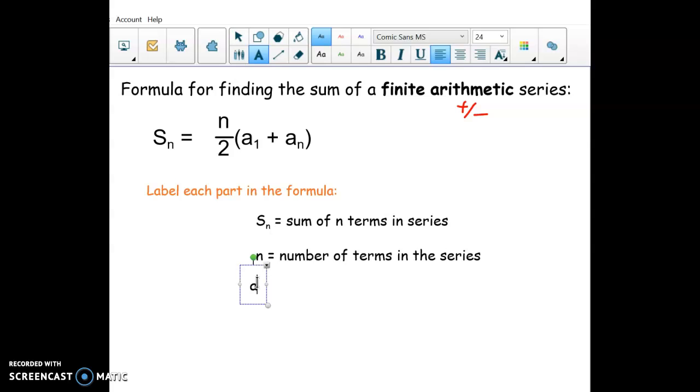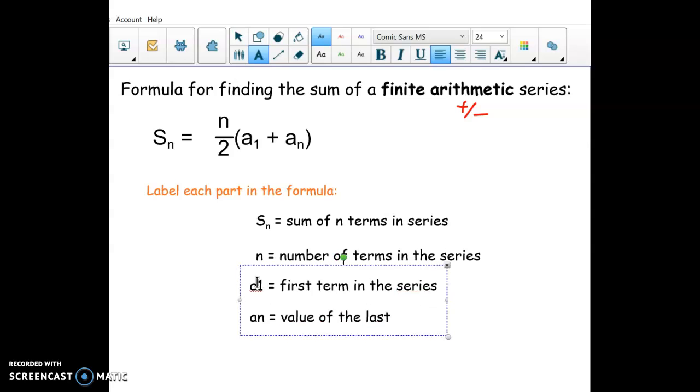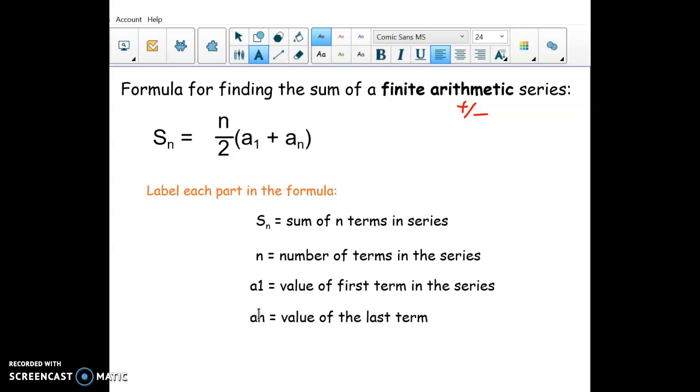All right, a1, we should know that already, is the value of the first term in the series, and then an is the value of the last term. If you have 8 terms, an would be a8, the value of the last term. This will make more sense as we do some examples, but that's the formula we're going to need for these questions.